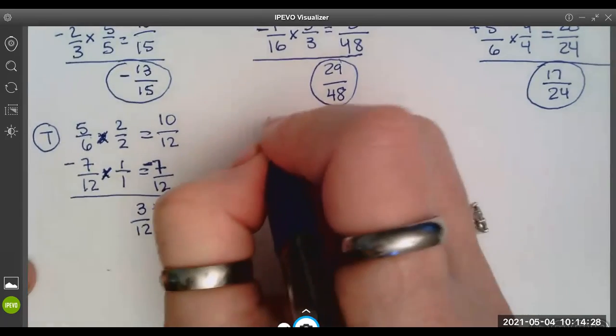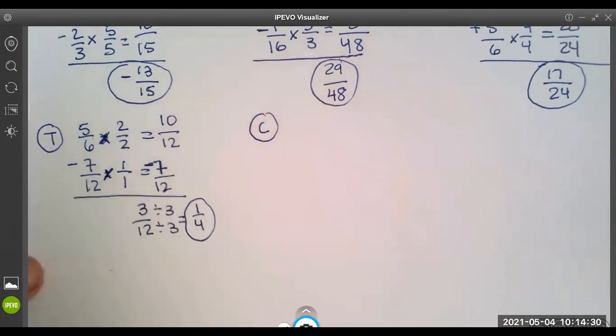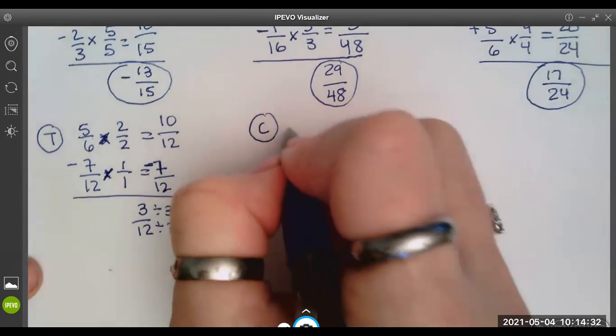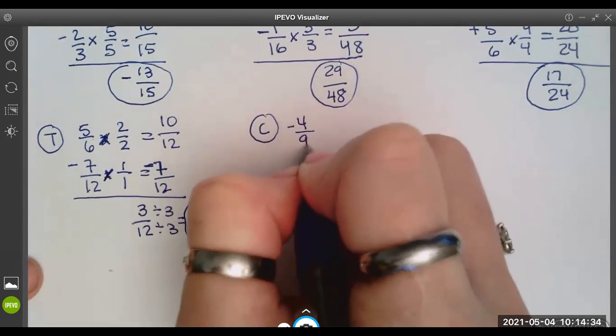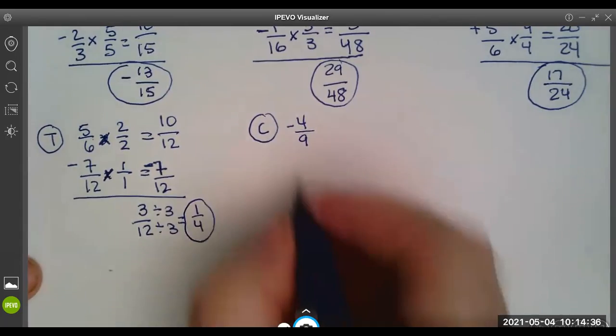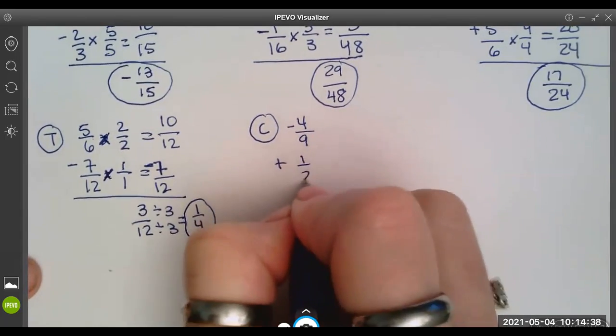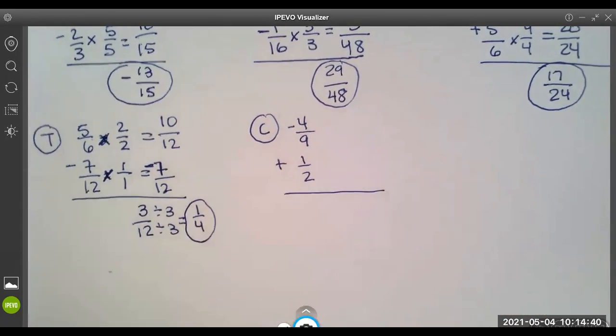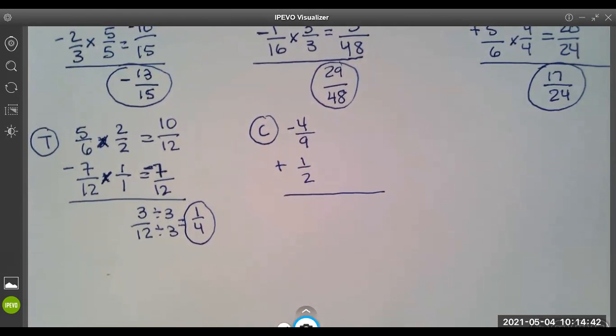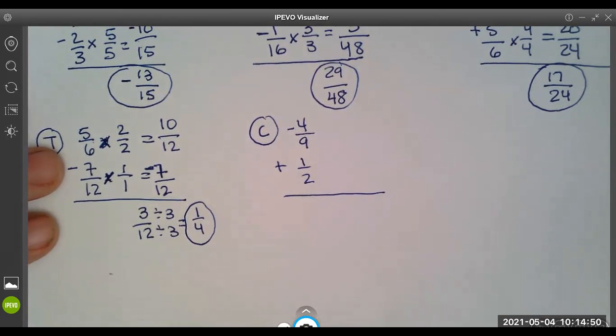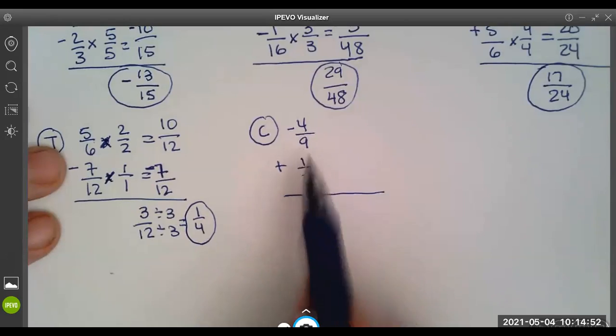Okay, C. -4/9, +1/2. Does 2 multiply to make 9?